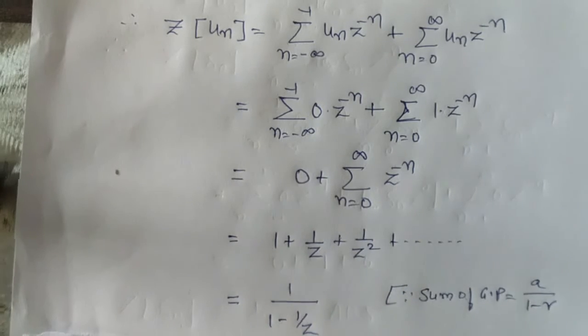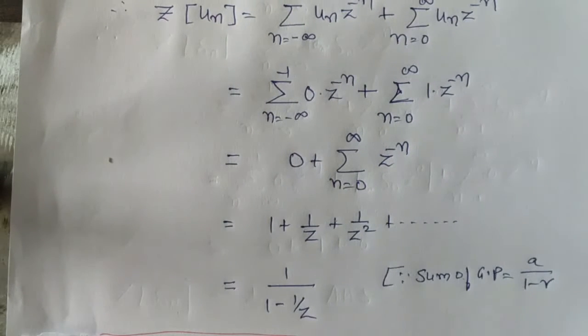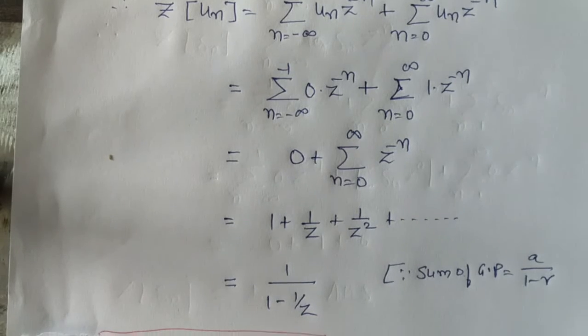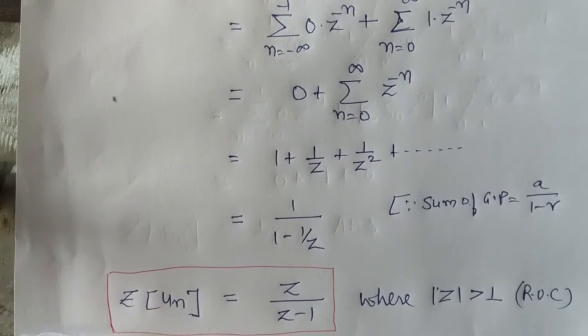So the sum of this geometric series is 1 upon 1 minus 1 upon z. Now simplify this, we take z LCM, then we get z minus 1 upon z, and then this denominator z goes in the numerator. Finally we get the z transform of the unit step function u(n) is z upon z minus 1.